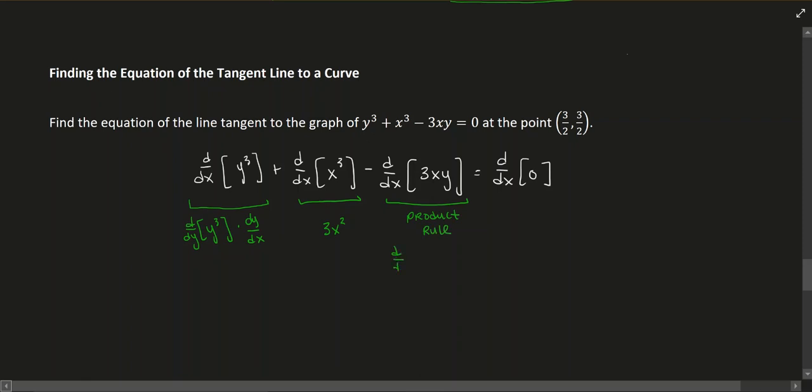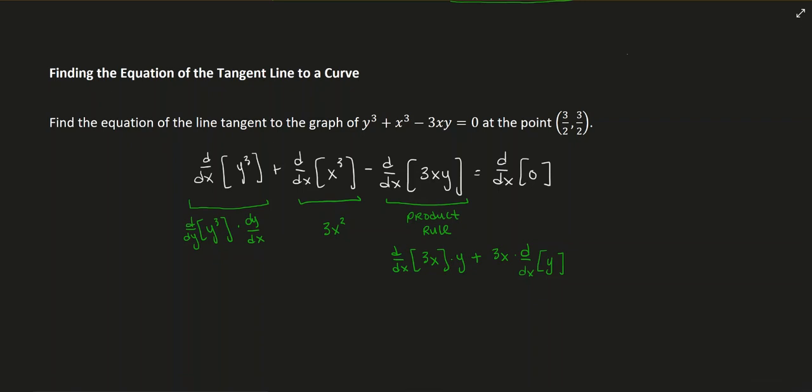We will need the derivative of 3x times y plus 3x times the derivative of y. Whoops, not the derivative with respect to y, the derivative with respect to x of y. There we go. So let's go ahead and do each of our derivatives on the left-hand side first, and then we'll pick up from there.